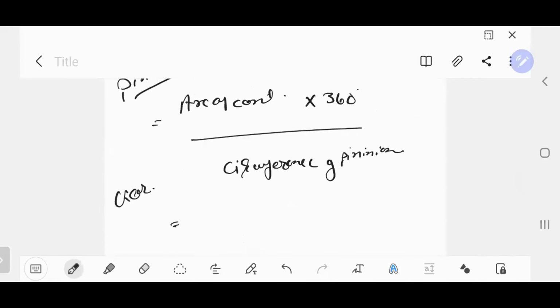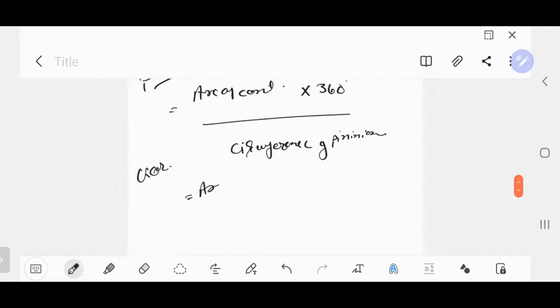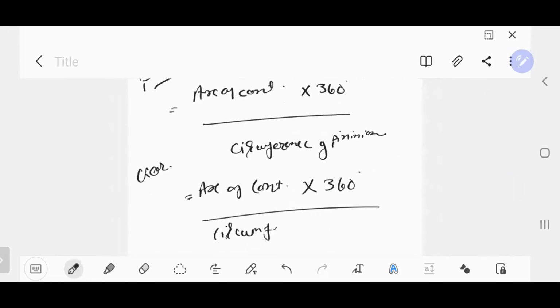Again the same equation: arc of contact multiplied by 360 degrees divided by the circumference of the gear.